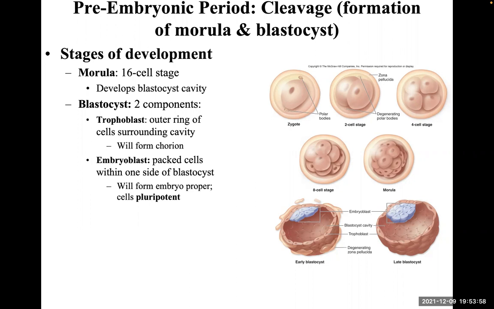Another thing I'll point out is that this group of cells, these embryoblast cells, are what we call pluripotent. So all of these cells are stem cells, right? Technically from this 2-cell stage through the development of the embryoblast.